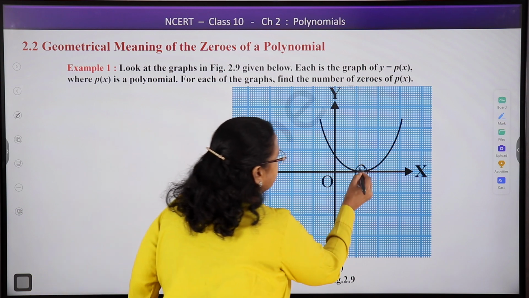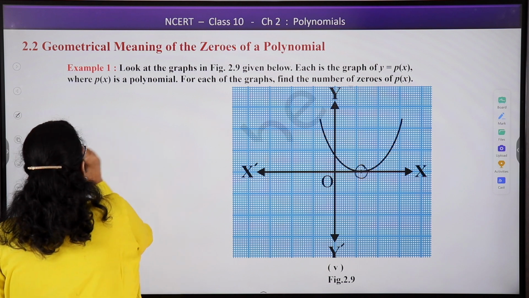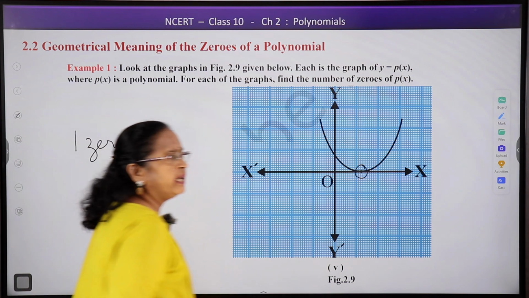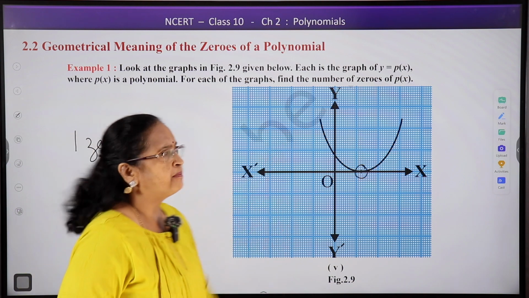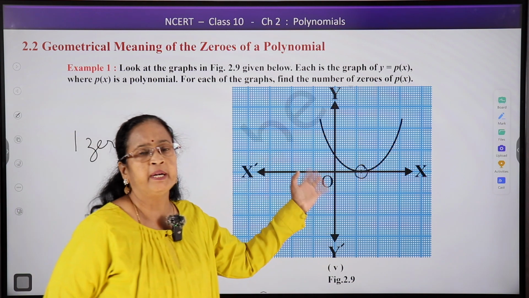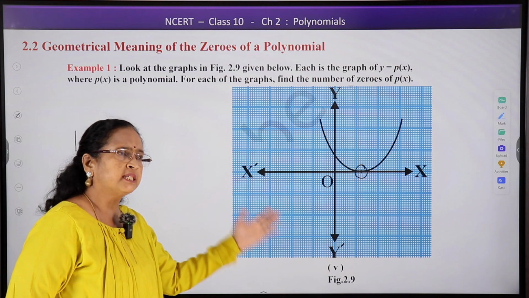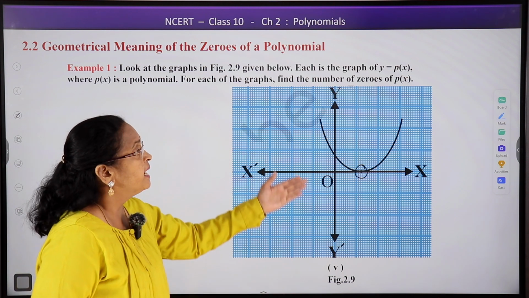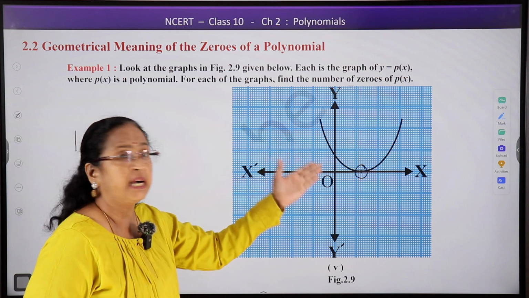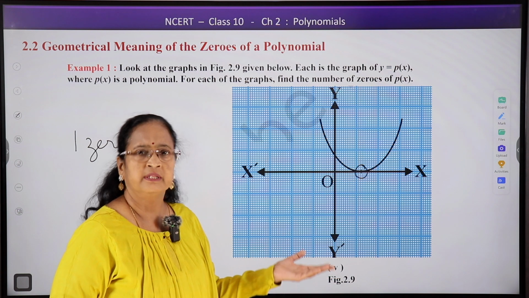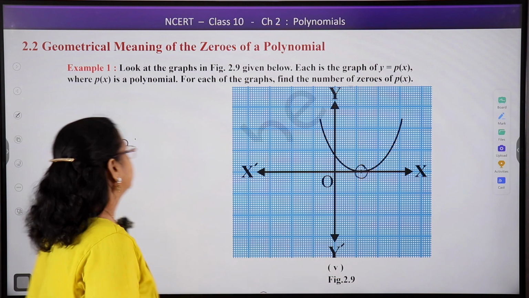It has only 1 zero of the polynomial. So it's so easy for the graphical or geometrical representation of the number of zeros. Just see at how many points the particular graph cuts the x-axis. That many zeros. That is the simple method.